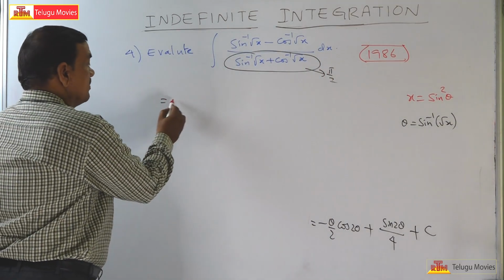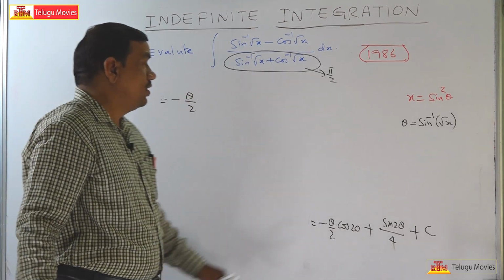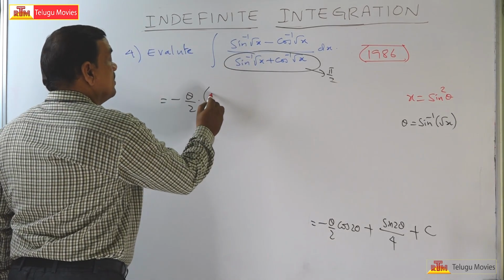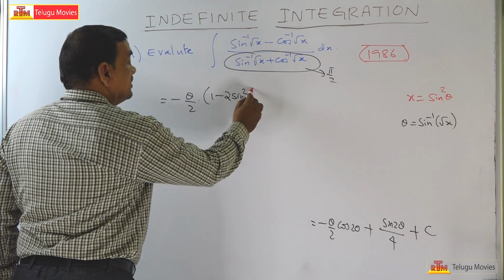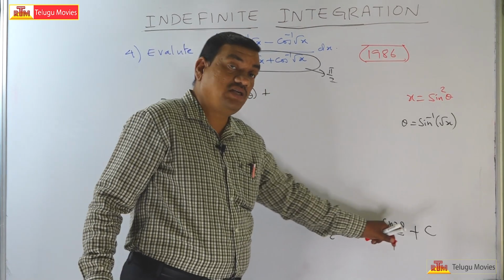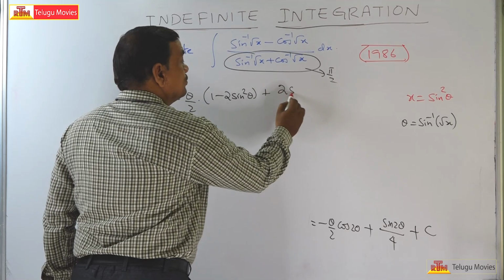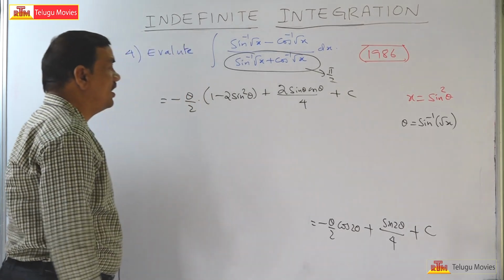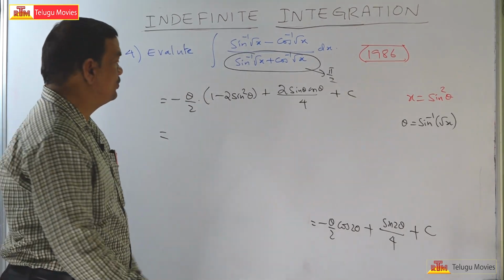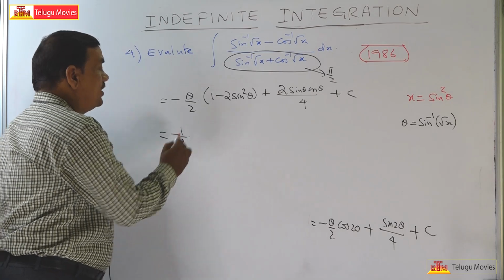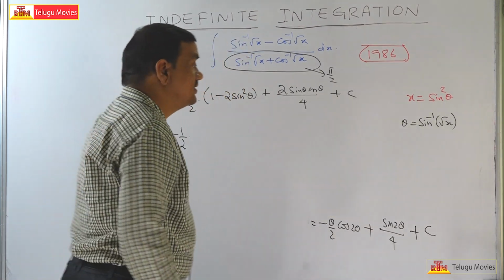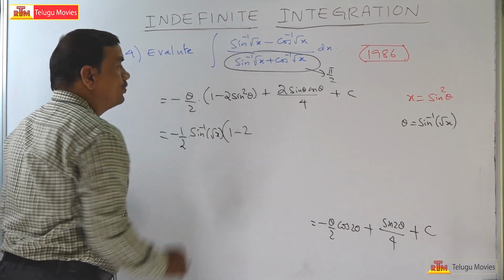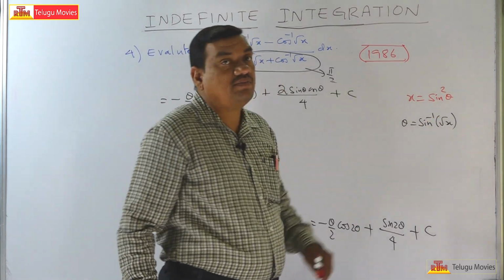So your answer will become minus theta by 2 into cos 2 theta, in terms of sine, cos 2 theta means 1 minus 2 sin square theta, plus sin 2 theta, sin 2 theta means 2 sin theta cos theta, by 4, plus c. Okay, so everything is clear. So substitute there: minus 1 by 2 into theta, that is sin inverse of root x, into 1 minus 2 into sin square theta, which is how much?